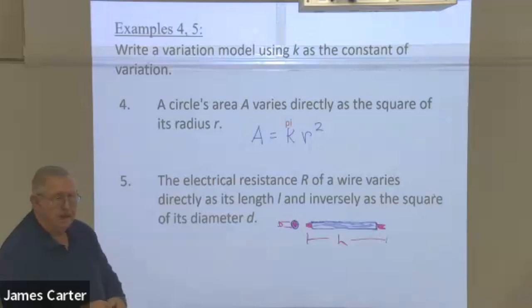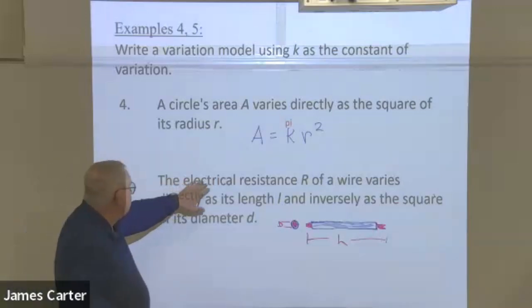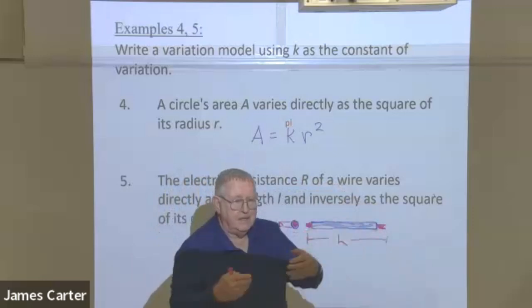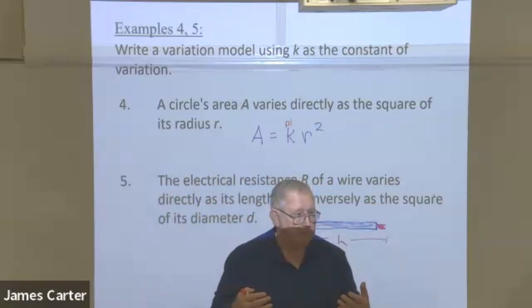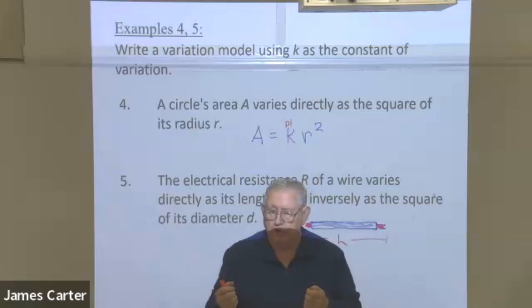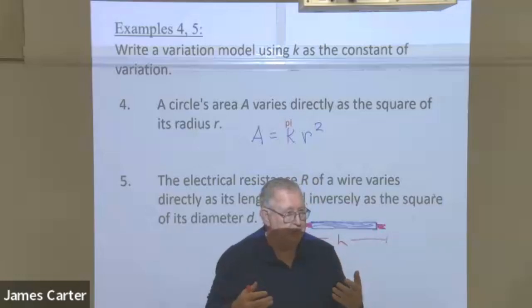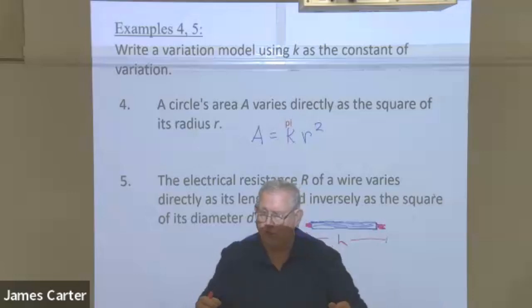Now what this says, the electrical resistance, that means heat. When you put an electric current into a wire, it heats up. That's how a radiant heater works. That's how a griddle works. That's how a stove burner works. You put so much current into this thing, and then depending on its diameter and its length, will say how much it heats up, and we call that resistance.